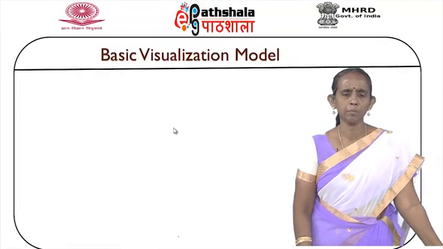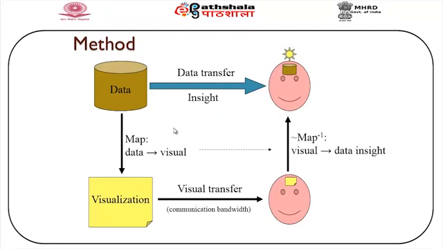So if you look at the basic visualization model, it is given like this. The data is mapped onto a visual form. There is a perfect mapping from the data onto the visual form, and this visual form is transferred to the human being.